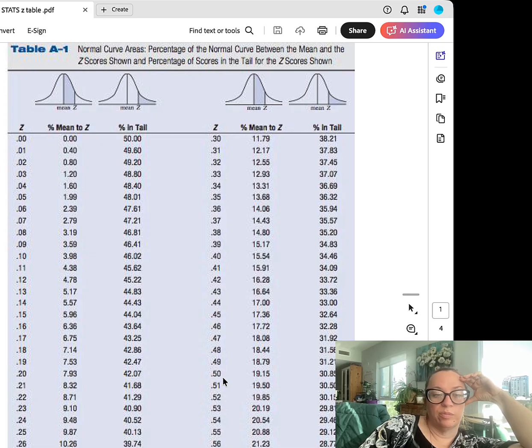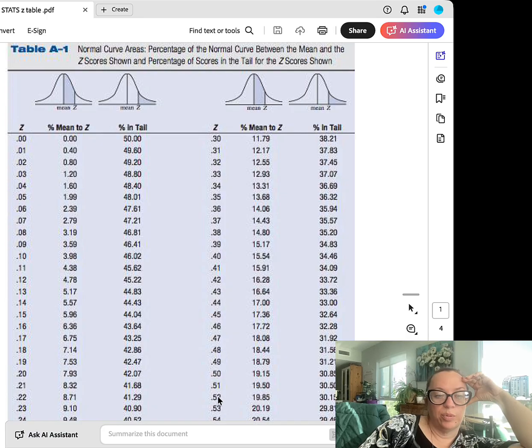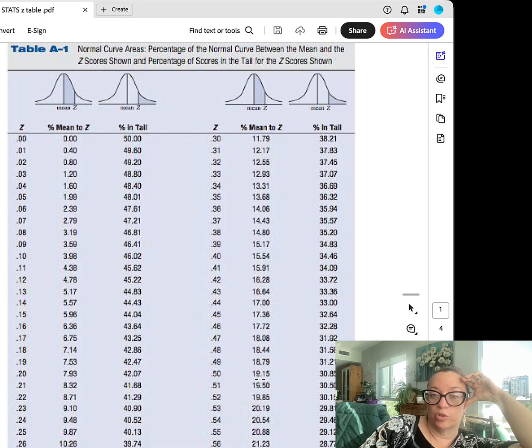So between the mean and 0.5 is 19.15% of all scores. Okay, and between the mean and a z of 1.5, the mean to z was 43.32. Okay.